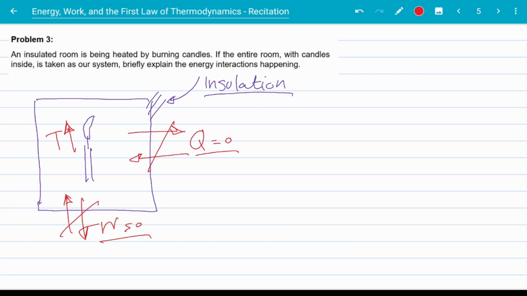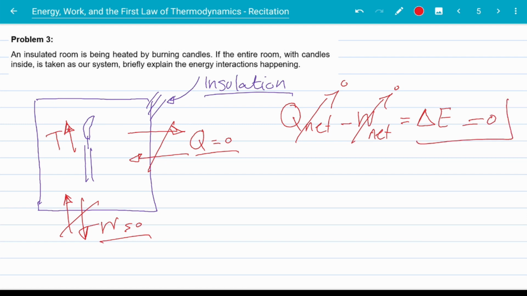If you take a look at this from the first law perspective, we can say Q net of our system minus W net of our system is equal to the change of total energy of our system. Now, based on our analysis, both Q and W are 0. And what we get is that the change of energy of our system is actually 0.